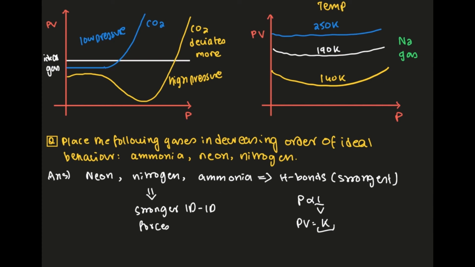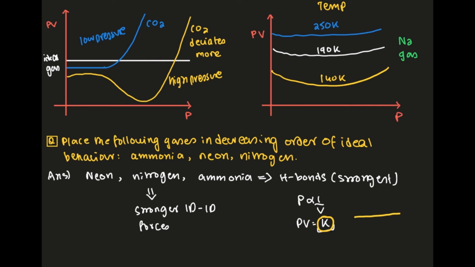Now, in this case, at lower temperatures, as you can see, this graph over here is going to be less horizontal. And this graph over here is more horizontal, right? So the condition for having an ideal gas is that K over here needs to be a constant, right?